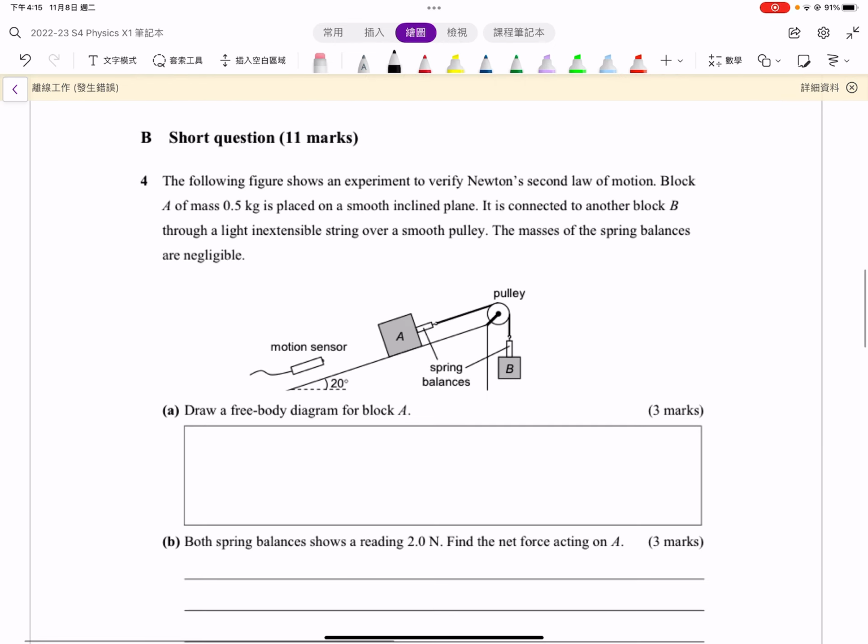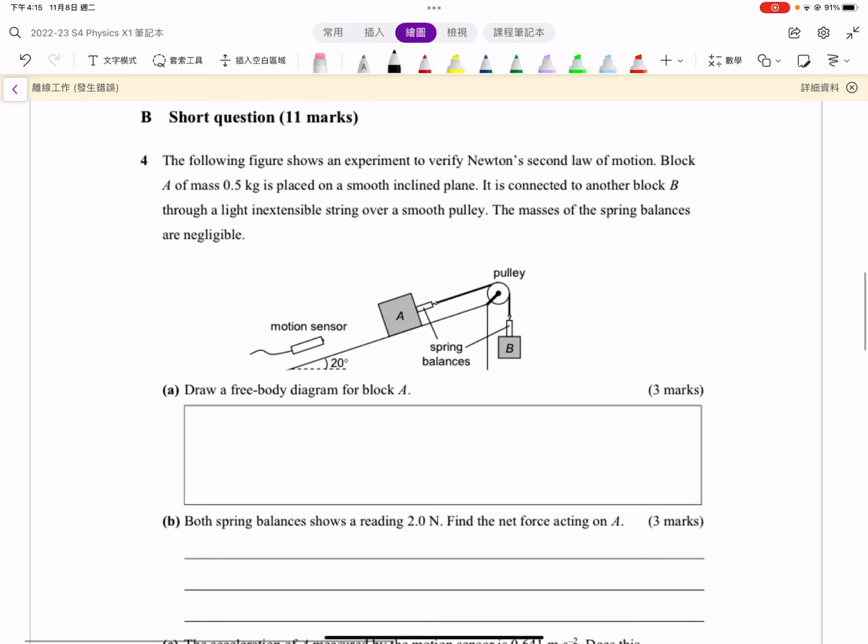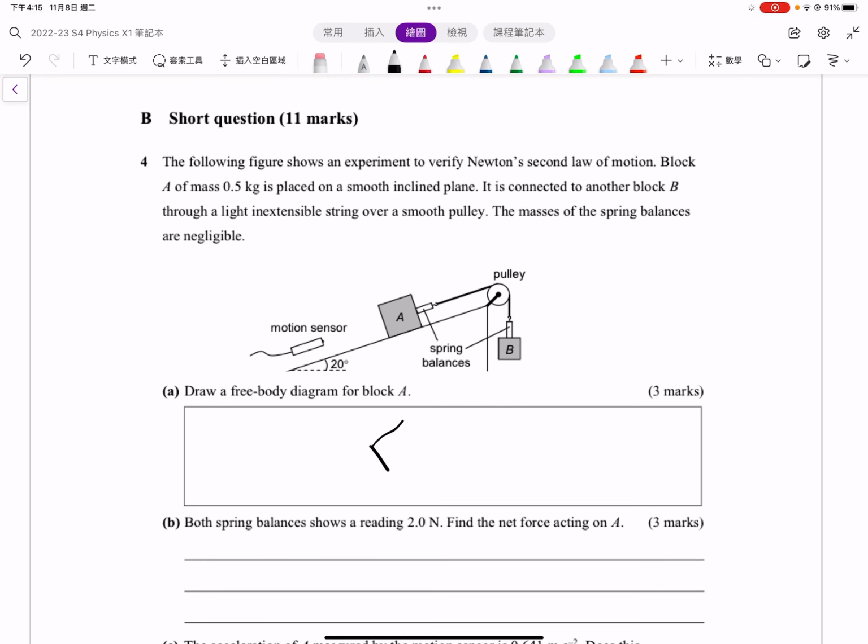So let's see the short questions. Draw the free body diagram of block A. Now be careful that some of you are not precise with the free body diagram. Some of you draw something like this. Be careful that the weight has to be vertically downward from the center of the object.